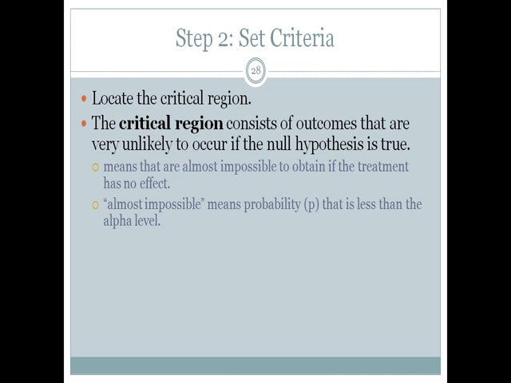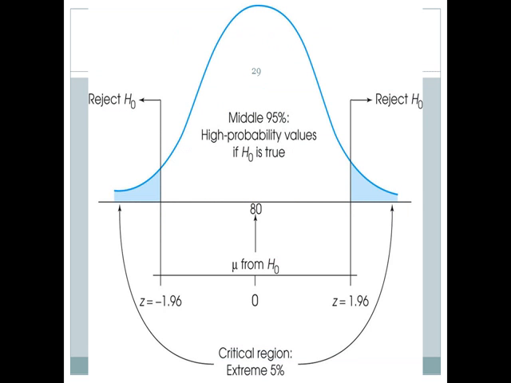I really like to look at distributions visually to see what we're trying to get at here. If our mean from the null hypothesis is 80, as in this example, and we find that our sample mean is close to that population mean of 80, then that is the region in which we would say that our null hypothesis is true.